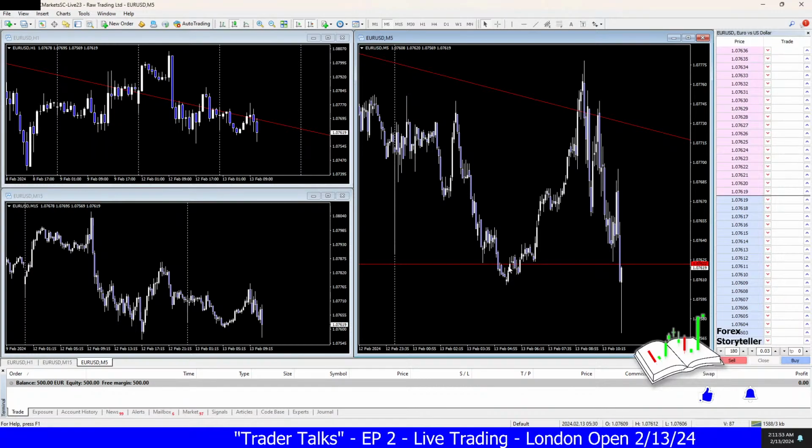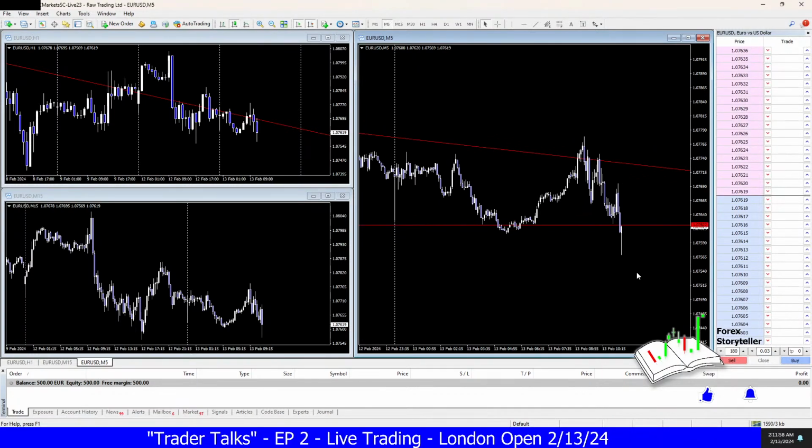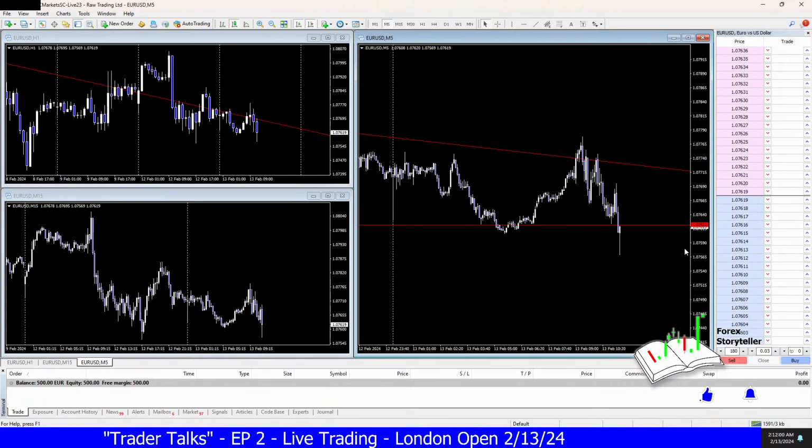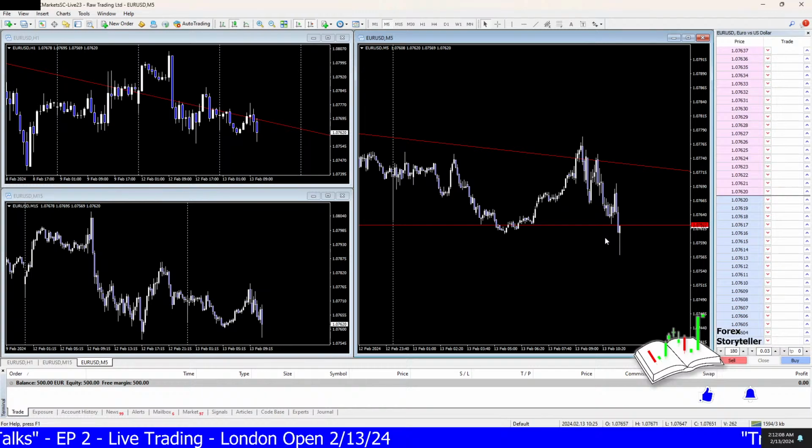Quite a long, slow downtrend. And we are preset. We've got a new minute open. We are 2 minutes into the candle. It's quite a push down and recovery.